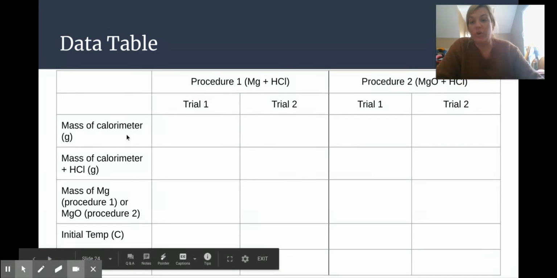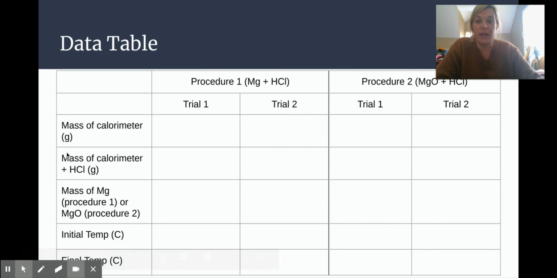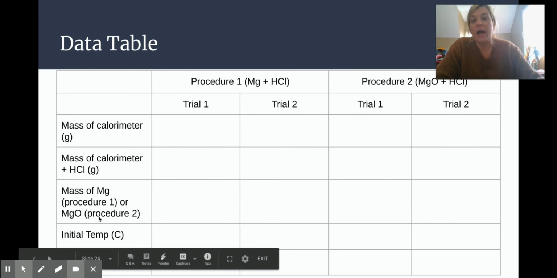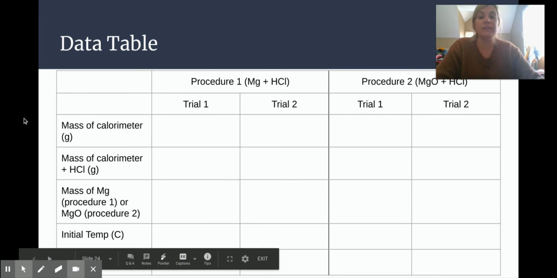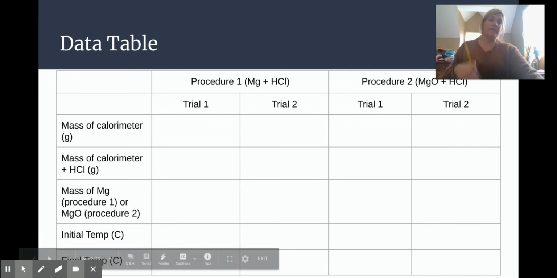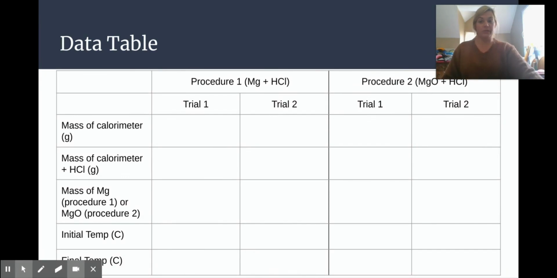So I'm going to need the mass of the calorimeter for each reaction. I'm going to need the mass of the calorimeter and the HCl for each reaction. I'm going to need the mass of the magnesium for procedure 1. And I'm also going to need the magnesium oxide mass for procedure 2. And then lastly, I'm going to need initial temp and final temp for both procedures as well.